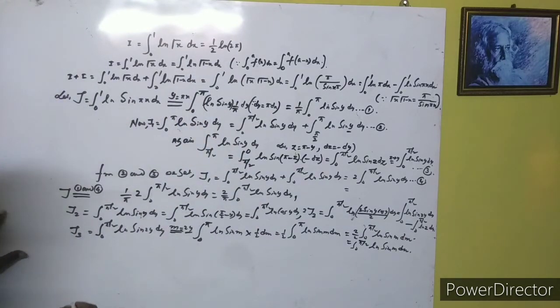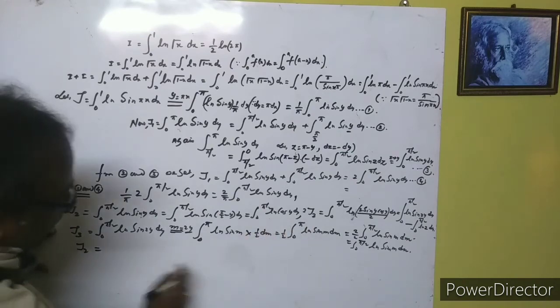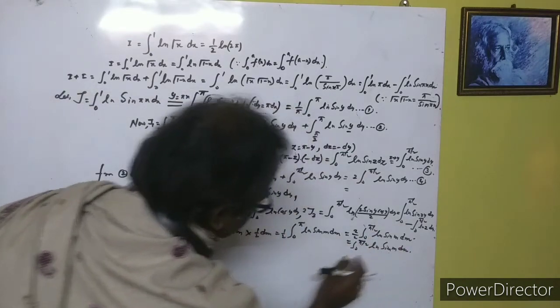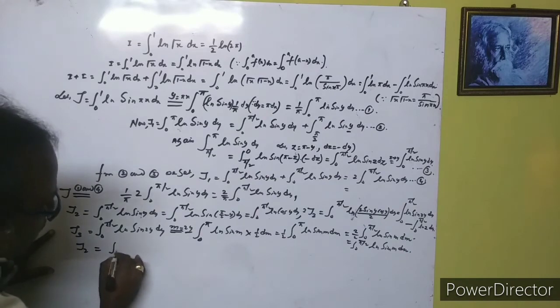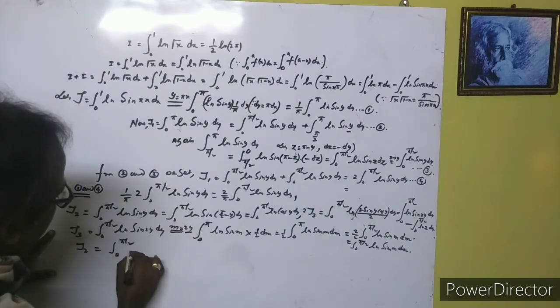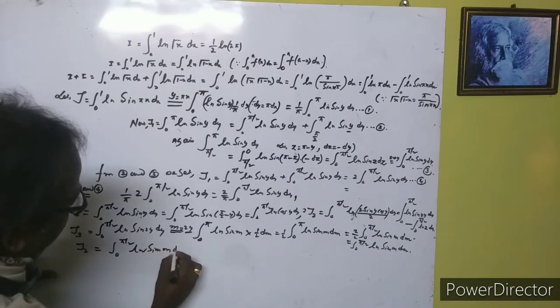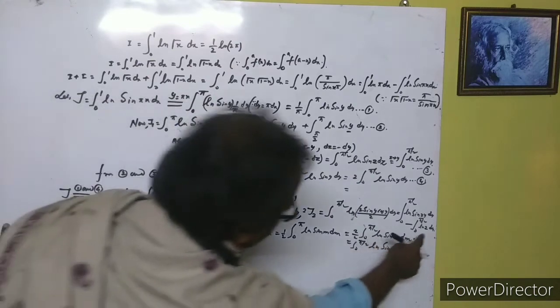So this is here j, therefore the j2 is equal to this is the value of that, so you can write integral 0 to pi by 2 ln sin m dm, and that is here ln 2.